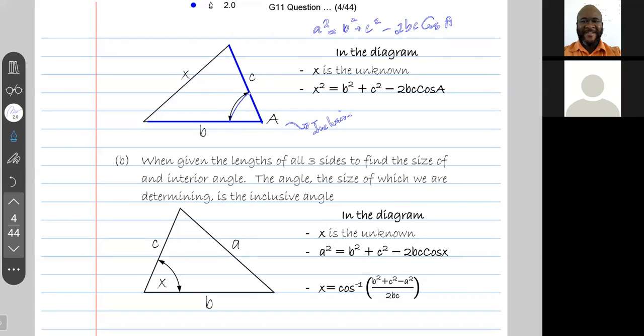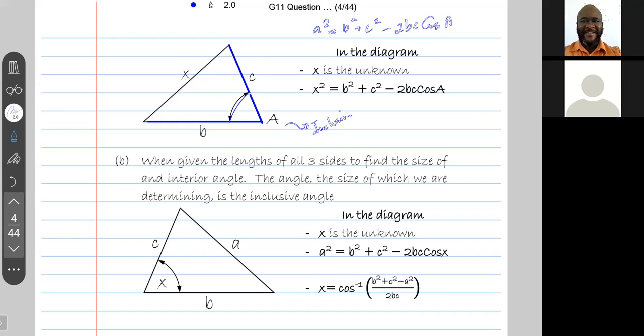So the condition here is that I'm given the length of two sides, b and c, and the included angle between them, A, and I wish to find the length of the third side, x. That is a condition for applying the cosine rule. In the formula, a is the side opposite the inclusive angle.